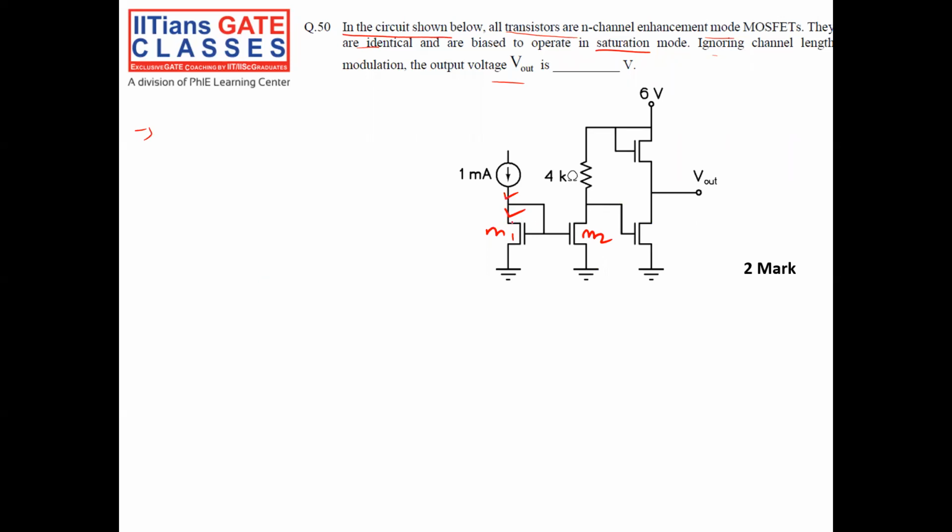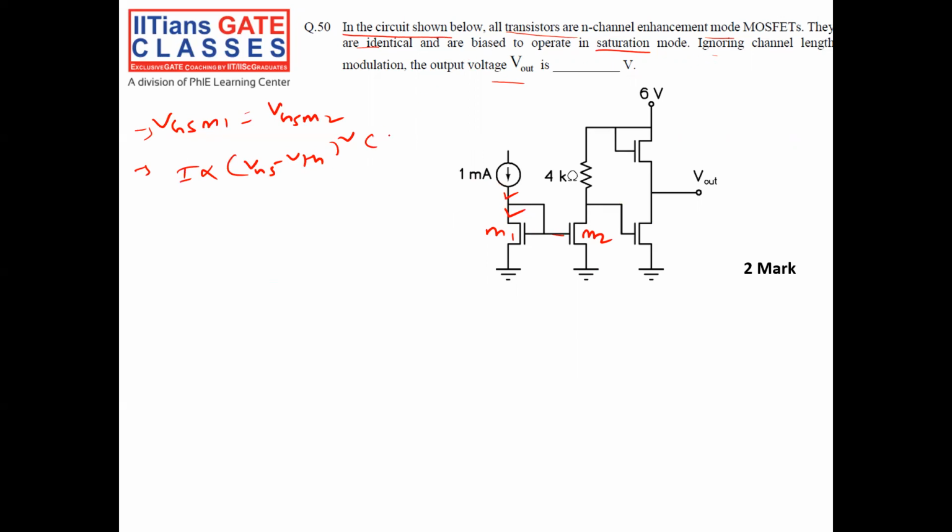Since the gates of M1 and M2 are tied and the source is common, VGS is constant. VGS of M1 is equal to VGS of M2. Current is proportional to (VGS minus VTH) whole square, because there is no channel length modulation.